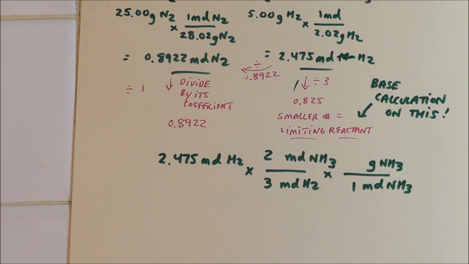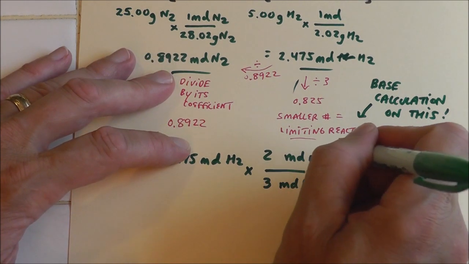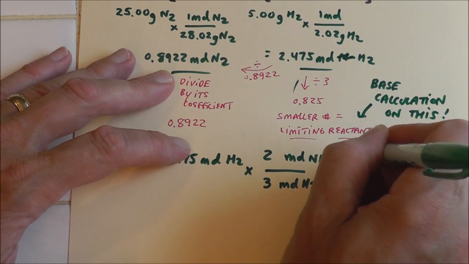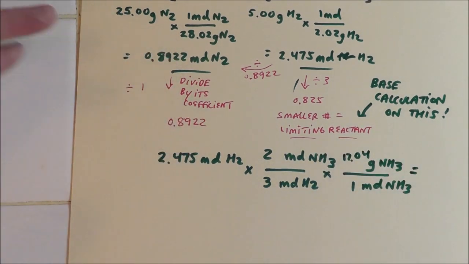And then plus 3 hydrogens, so plus 3.03, because they're 1.01 apiece, 17.04 grams of NH3. Now, before I finish, this number that I get sure as hell better be less than 30 grams. Because I only have 30 grams of stuff. I can't make anything more than 30 grams of stuff.